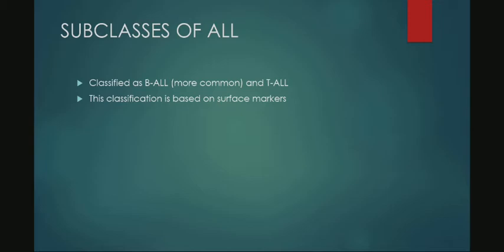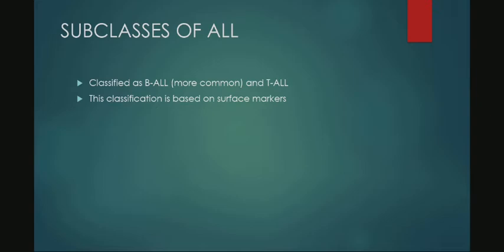So the B cell type of acute lymphoblastic leukemia, the surface markers that you find are CD10, CD19, and CD20. Okay? The surface markers that you find on the T cell acute lymphoblastic leukemia are CD2 to CD8.